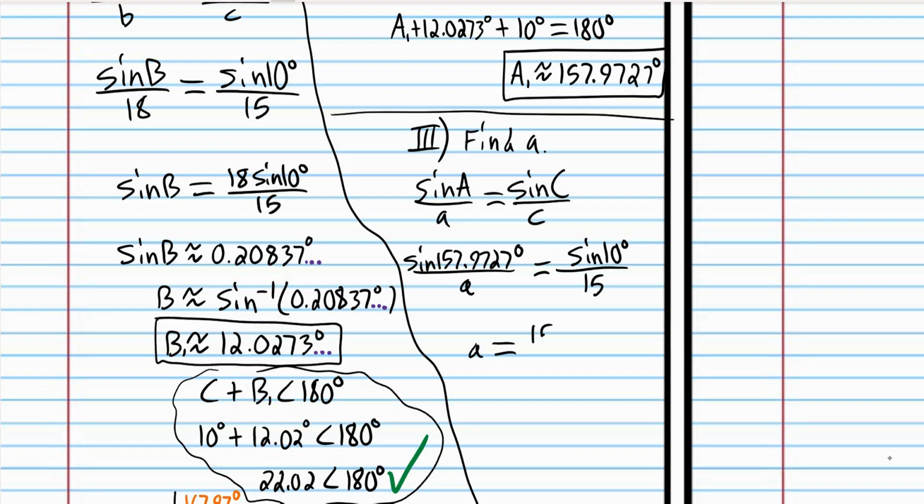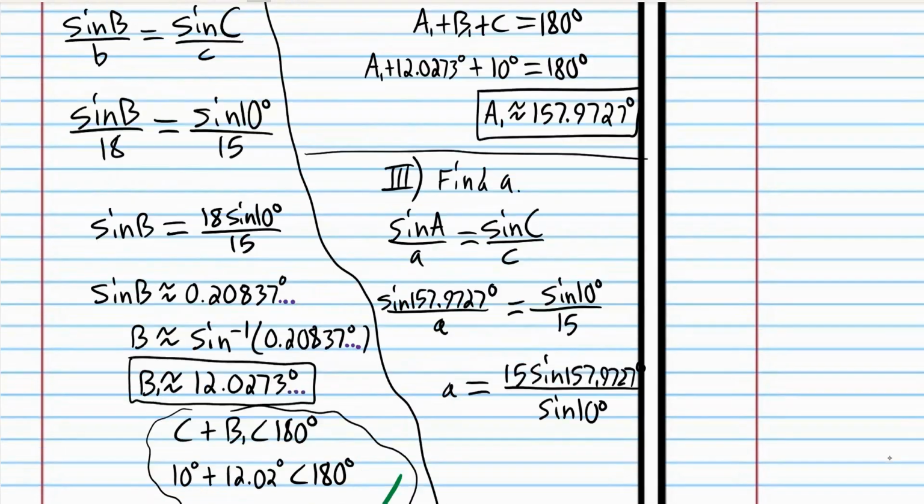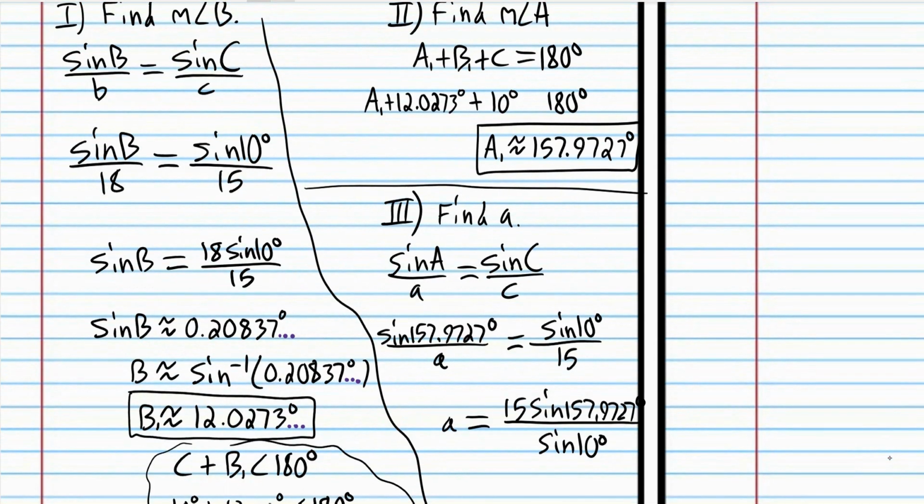That's going to be 15 times sine 157.9727 degrees over sine 10 degrees. And by the way, this should be an approximately equal sign up here, and here, and here.